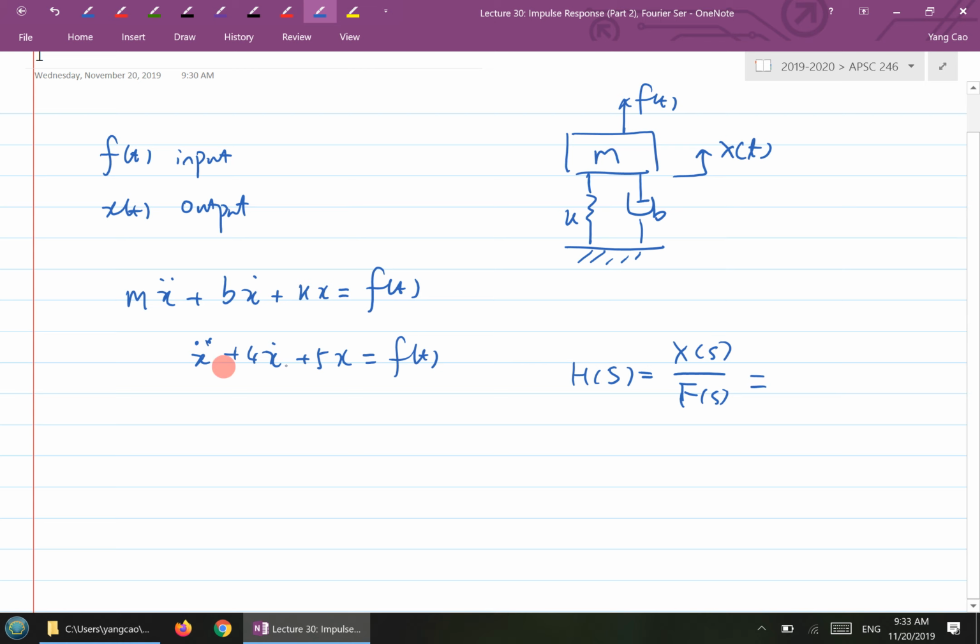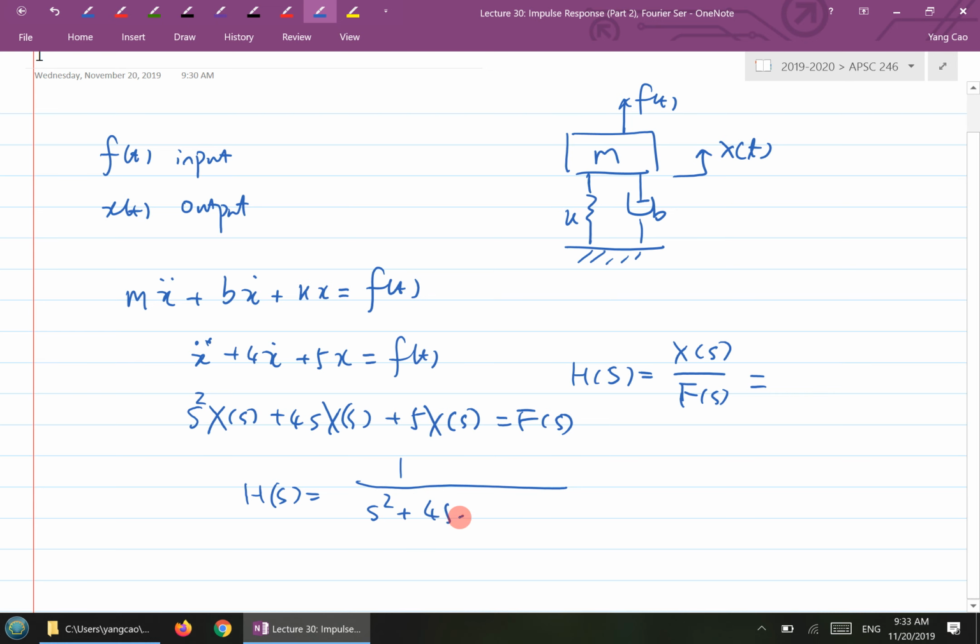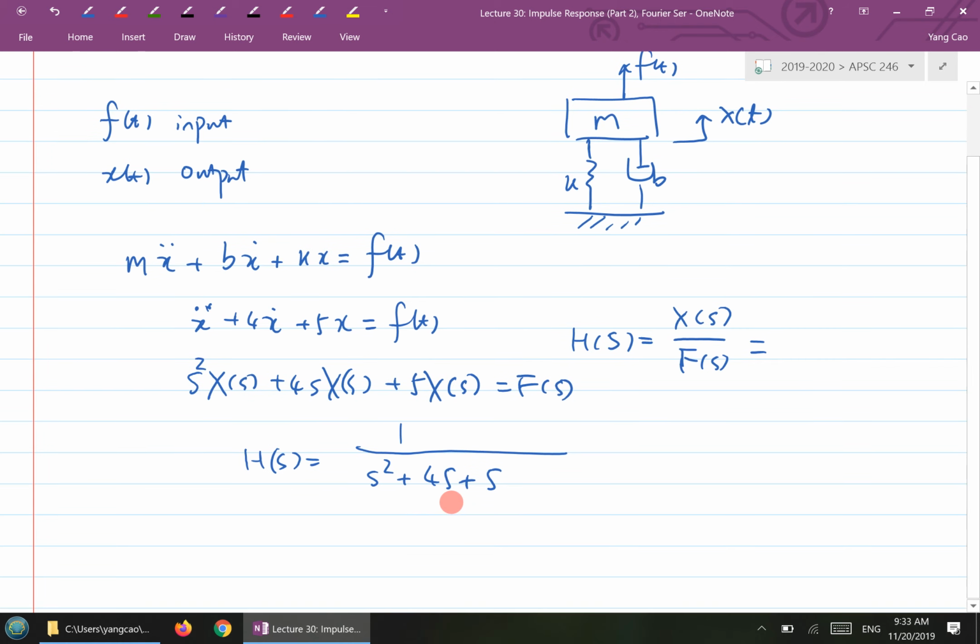And when you take the Laplace of both sides of this, you get S squared capital X of S, 4S capital X of S, and 5 capital X of S equal to F of S. So the ratio you get, which is the transfer function, is 1 over S squared plus 4S plus 5. Okay. Just to make sure that you know which one is input and which one is output, then you find the ratio appropriately.